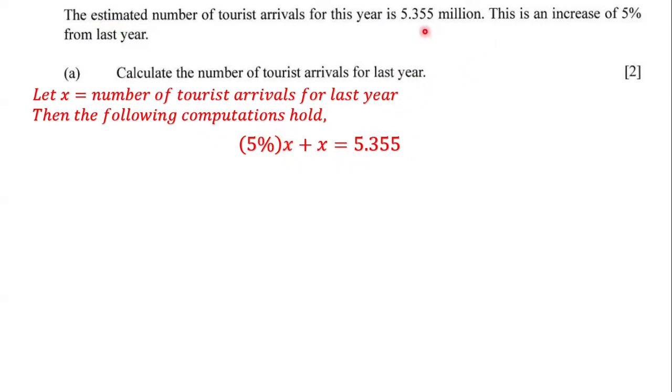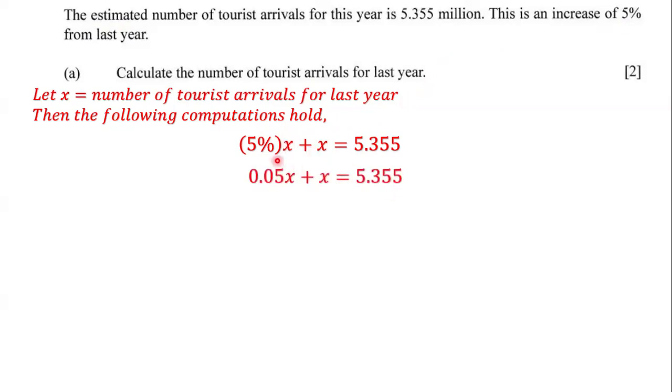Because it says that 5.355 million represents an increase of 5% from last year. And so that means that 5.355 million is equal to X, the number of tourist arrivals for last year, plus 5% of the total number of tourist arrivals for last year.